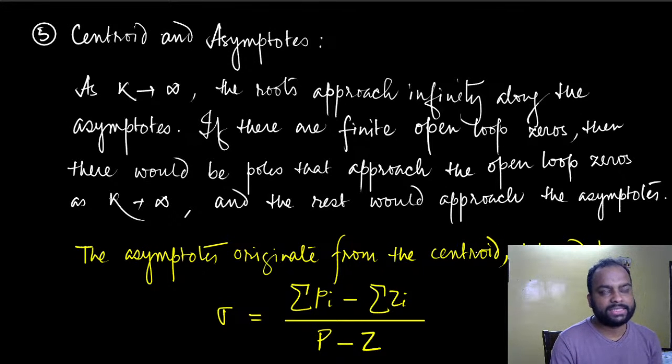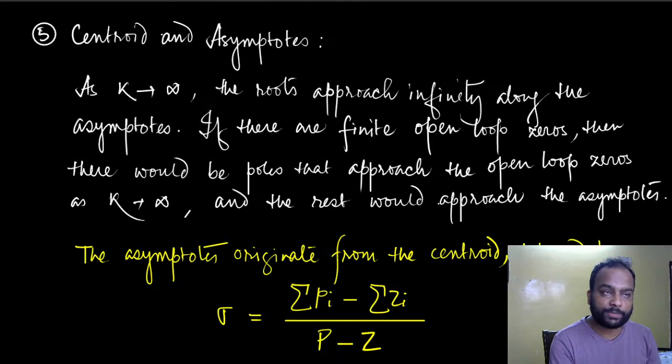So if you have a system that has, say for example, 5 open loop poles and 2 open loop zeros, then the root locus would start from the locations of the open loop poles. But as k approaches infinity, 2 of the poles would end up reaching the locations of the open loop zeros, and the remaining 3 would follow along the 3 asymptotes of the system.